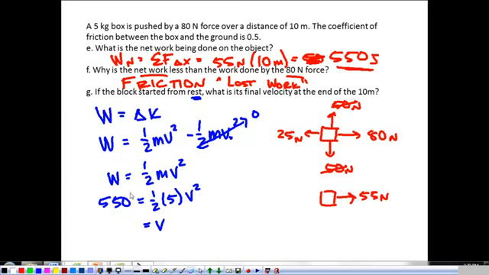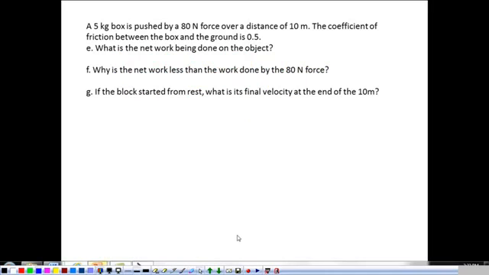And when we do that, we get the velocity to be 14.8 meters per second. Now, that's not the only way we could have found this velocity. We also could have used the second kinematic equation. I'll let you do that on your own. And for now, that's it for working.